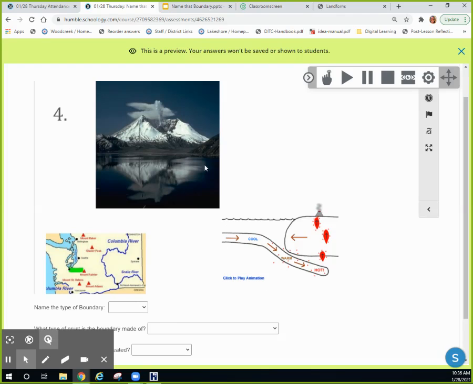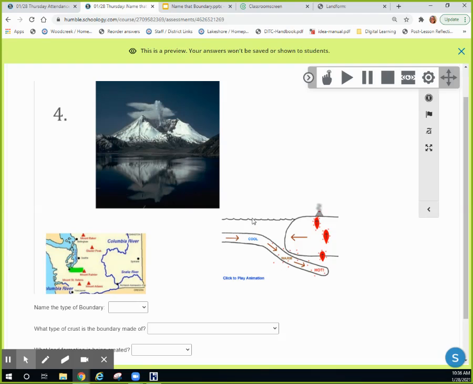Our fourth example, we have a mountain, but it's got a big hole with like a mini mountain inside of it and some smoke coming out of it. We have a map that's illustrating red triangles. That most likely symbolizes volcanoes. And then we have an illustration that's showing an oceanic plate.